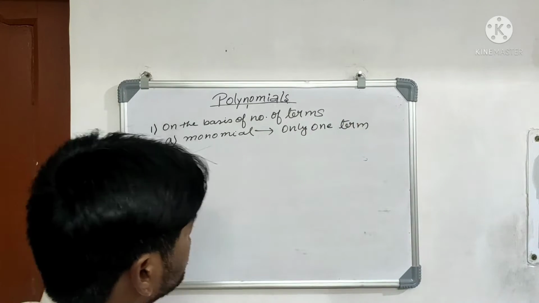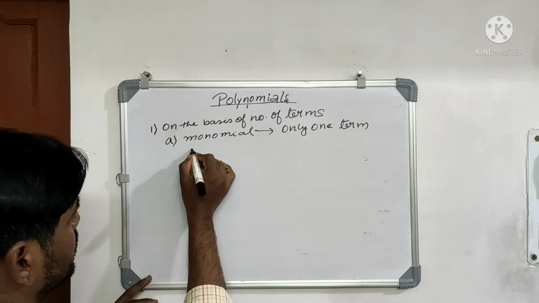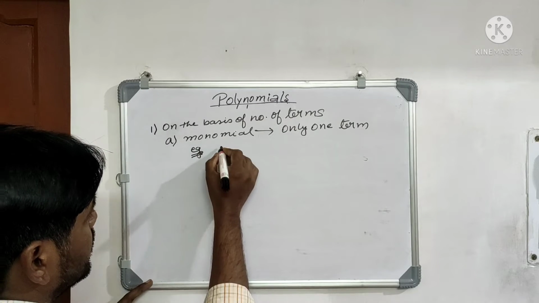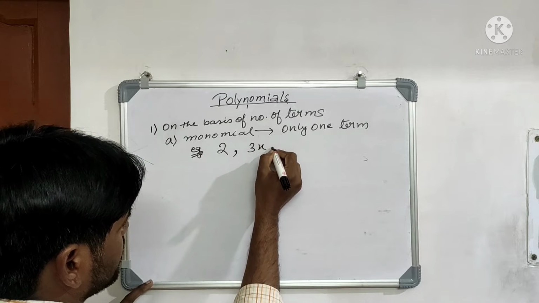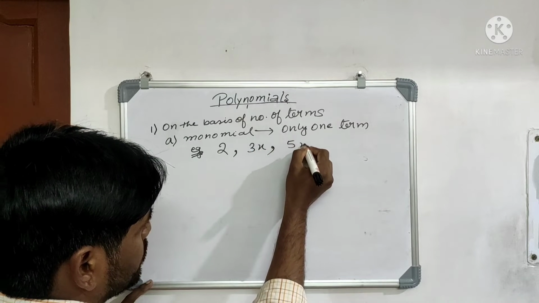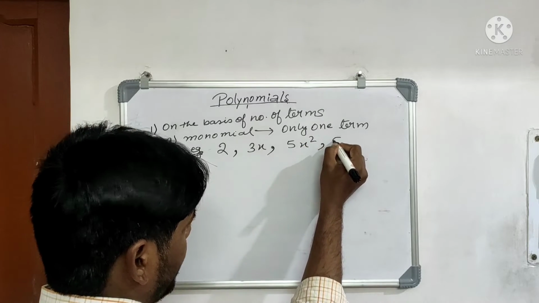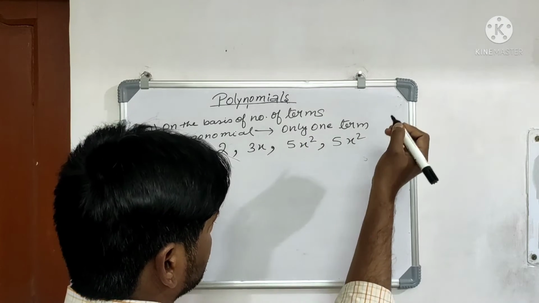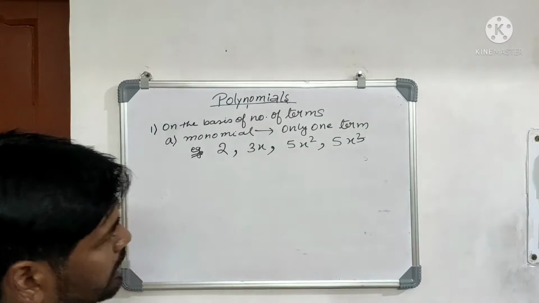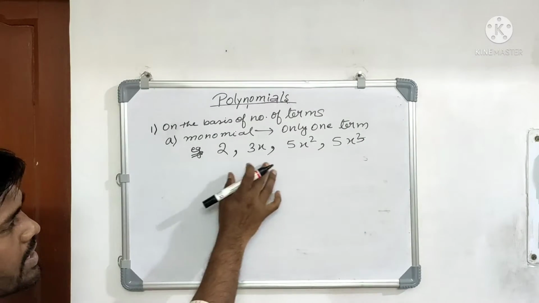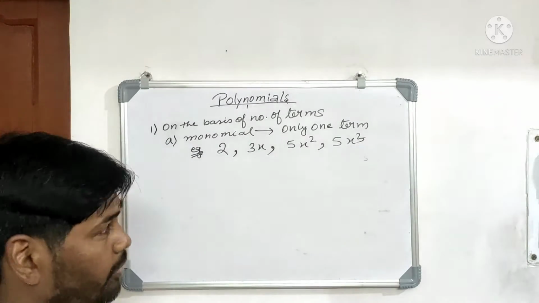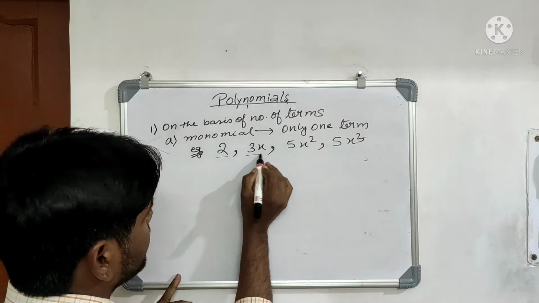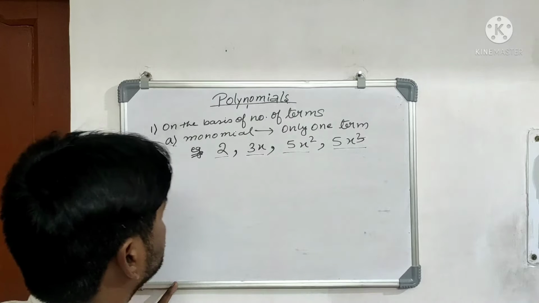That is why it is known as monomial. For example, 2 is a monomial, 3x is a monomial, 5x square is a monomial, 5x cube is again a monomial. All these are algebraic expressions formed of just a single term.